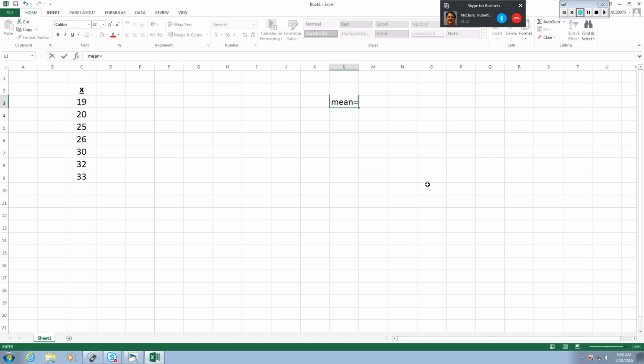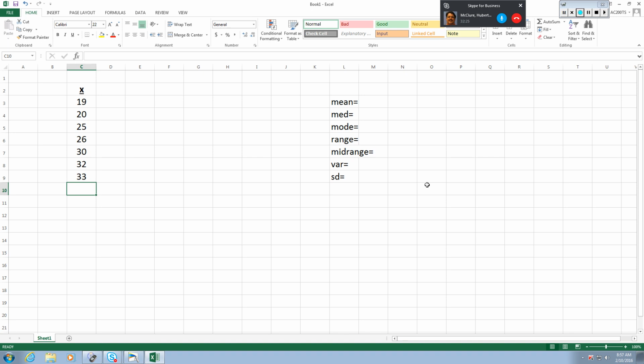Mean, median, mode, range. Range is important when you're doing a box plot. So is the mid-range. Variance and standard deviation.